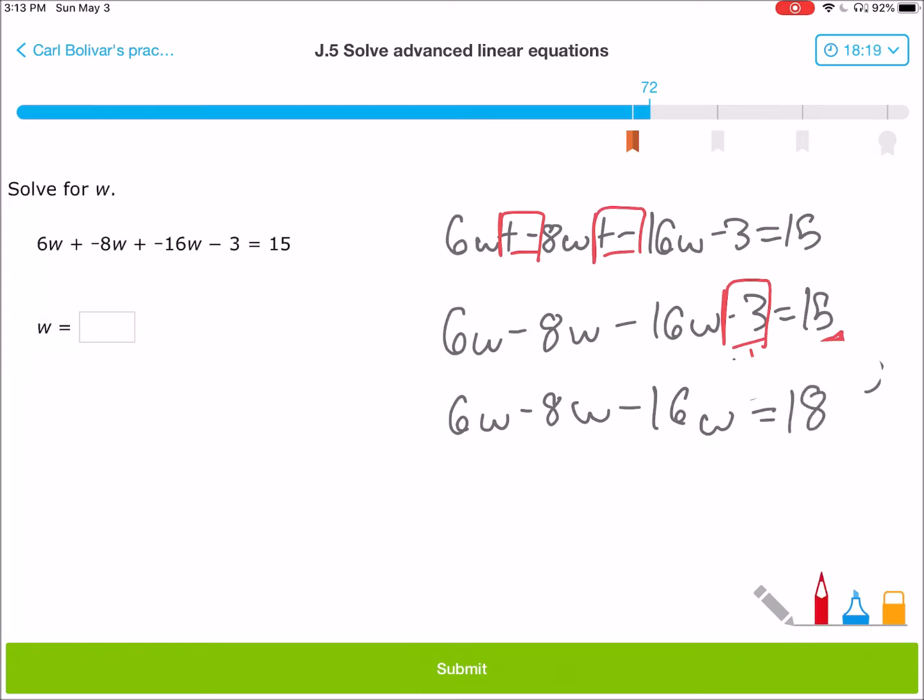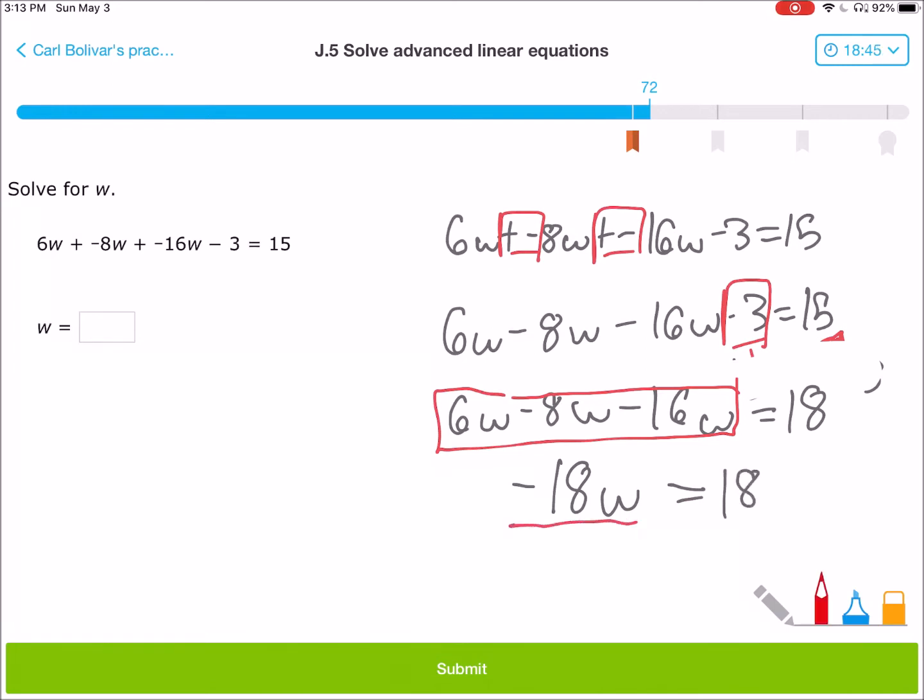So now we're going to simplify this whole thing here. It's combining like terms. So when we do 6w minus 8w, that's negative 2w. And then we will subtract 16 from that, which is negative 18w is equal to 18.